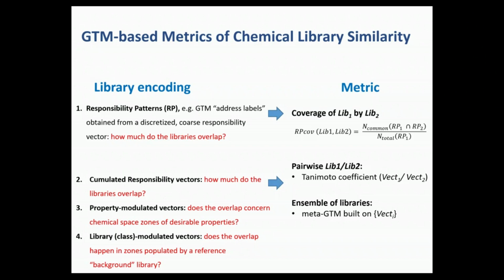If you look at property modulated vectors, it will tell you how much they overlap, but within the log P zone between -1 and 2, if that's what you're looking for. If you look at the library class modulated vectors, it will tell you how much they overlap in particular for those nodes that are also populated by a reference background library for which I care.